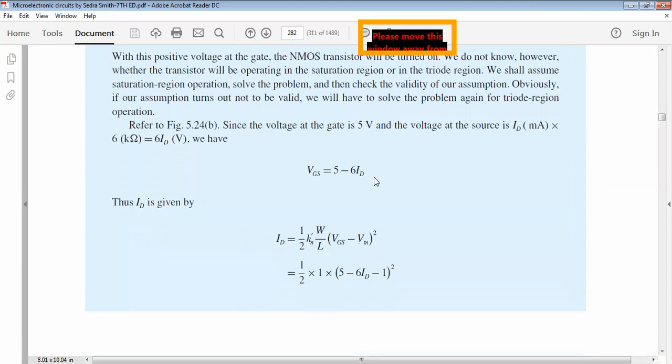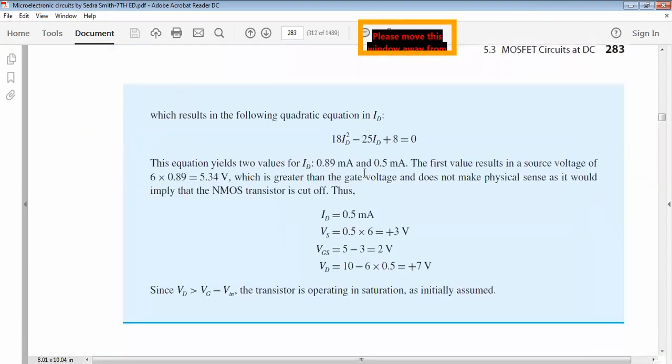Again here it is a quadratic equation. After solving the quadratic equation, you will get two current values. We have to validate which current value is correct. How to validate? Substitute that ID in the VGS expression and check whether VGS is greater than VT.